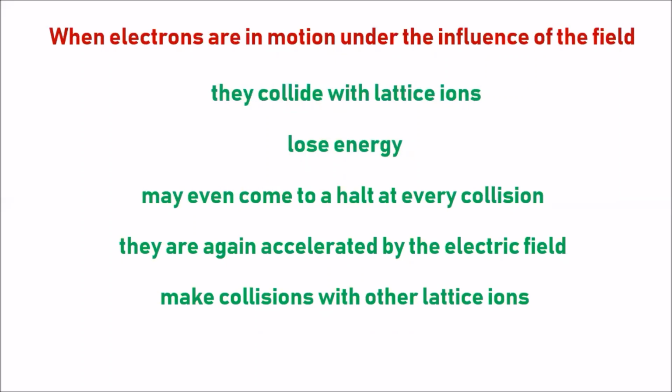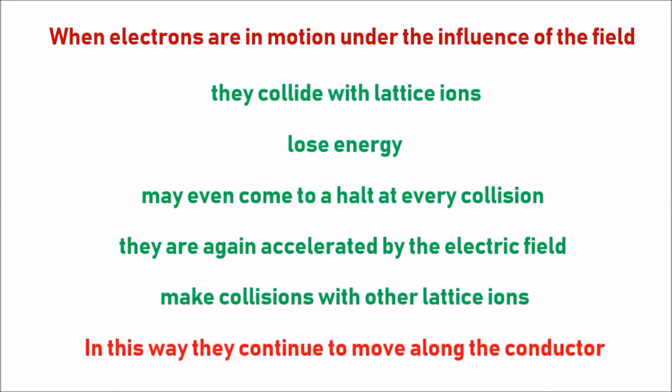This will be cyclic, and this way they continue to move along the conductor. Every time, the electron will be in motion, collide with positive ions, come to rest, again gain energy and move forward. Like that it will be moving on.